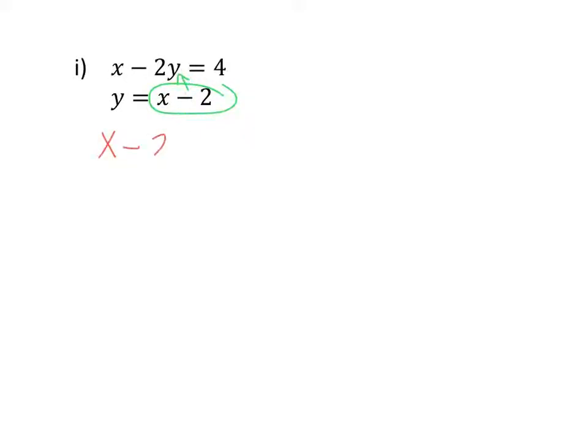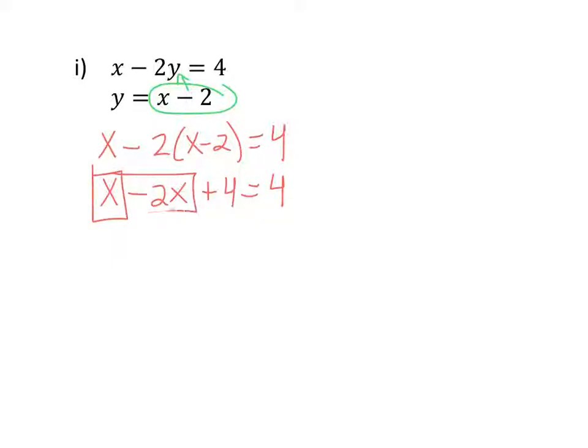X minus 2 times x minus 2 equals 4. Distribute the -2. X minus 2x plus 4 equals 4. Combine like terms. I have -1x plus 4 equals 4. Subtract 4. -1x equals 0.